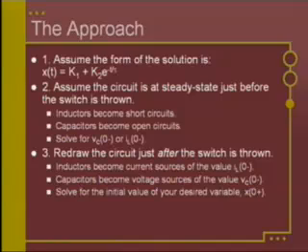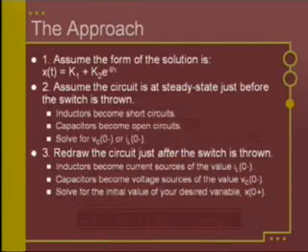So if we found that there was 3 milliamps of current running through the inductor at time 0 minus, well, we're going to stick a 3 milliamp current source into the circuit at time 0 plus. Similarly, if we solve for the voltage across the capacitor, we're going to replace the capacitor with an independent voltage source. And that will be the circuit that we'll use to actually solve for the 0 plus version of the parameter that we're looking for.